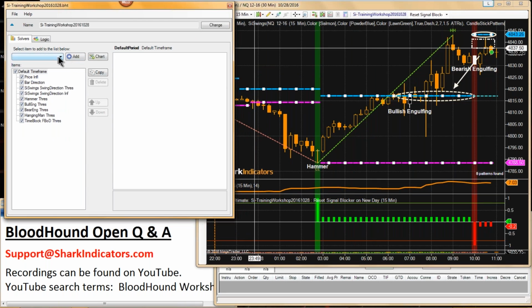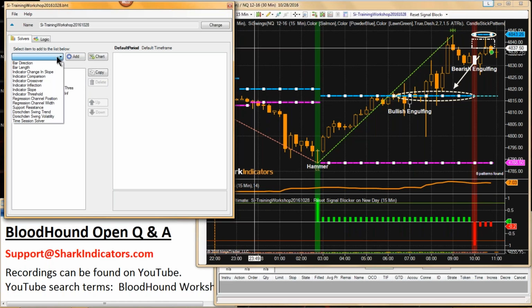The question was about the slope solver, looking at the slope of an indicator, and a weird output was being received.